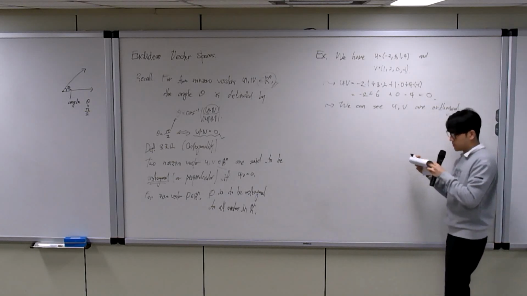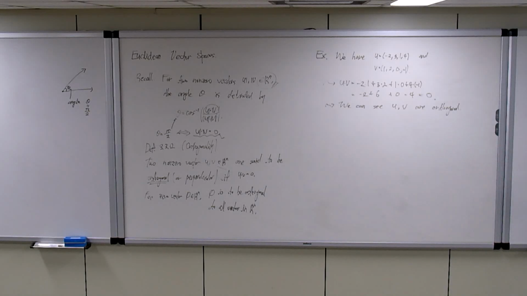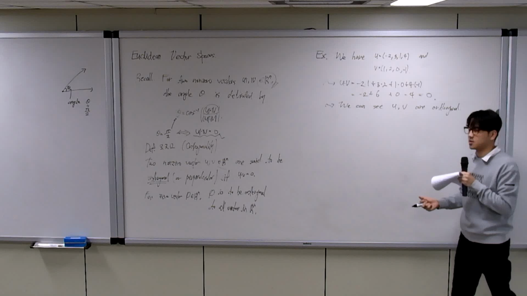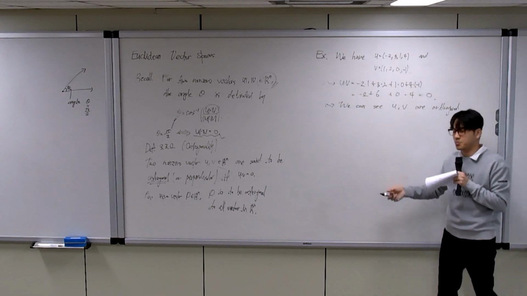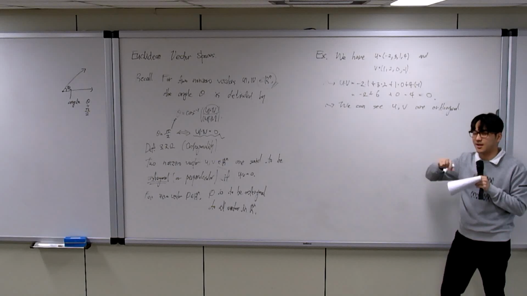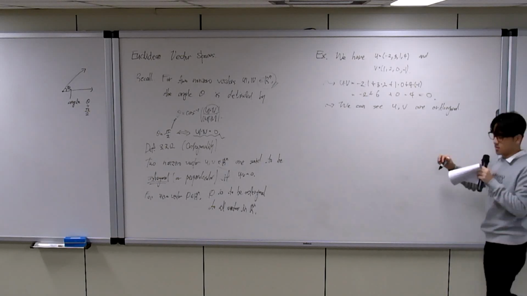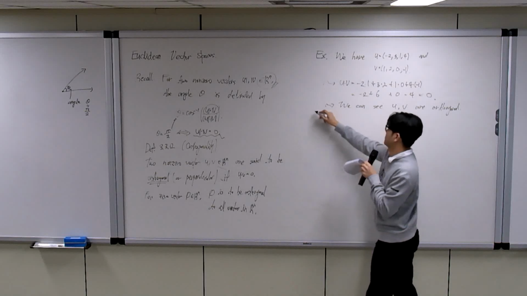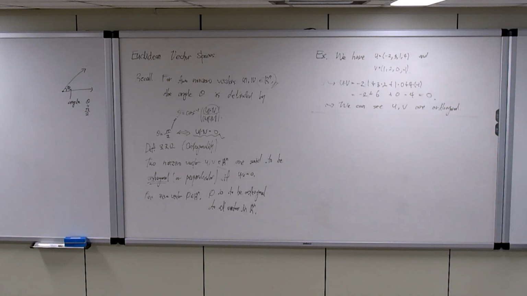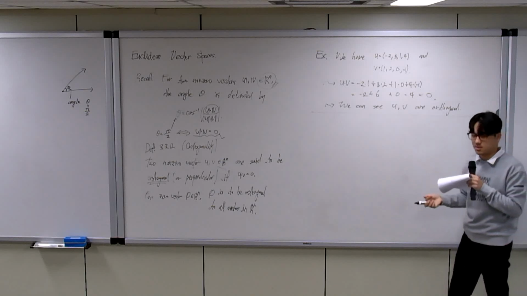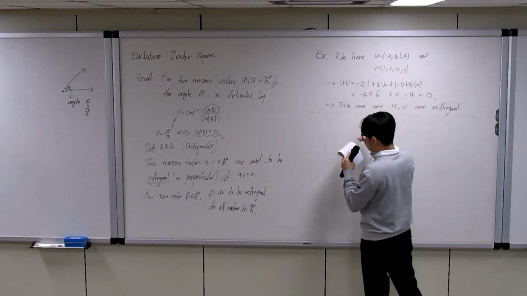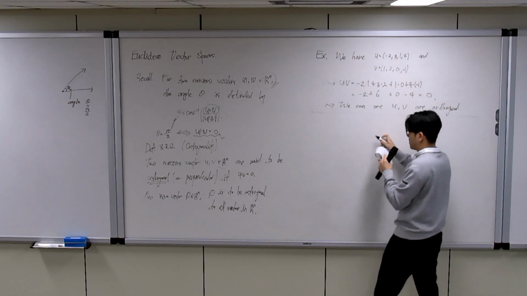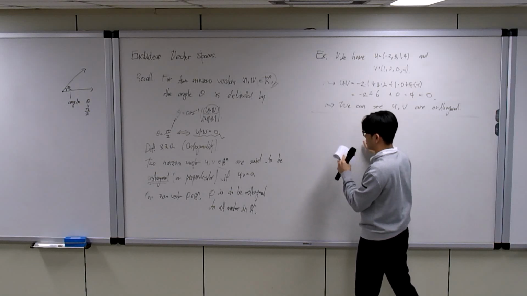Okay, next we want to talk about the solution space of some linear system, and this solution will be drawn in plane or in space like a line or plane. So I will give a representation of the line as a set of vectors.